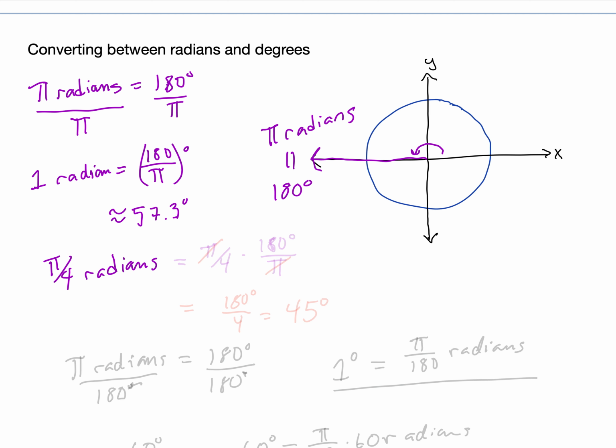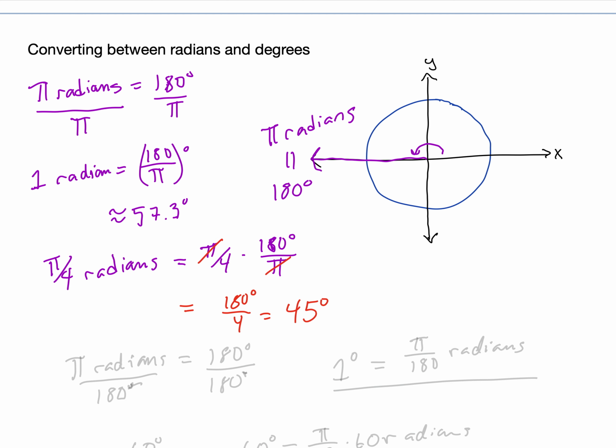Pi over 4 radians is equal to pi over 4 times 180 degrees over pi. Now the pi and pi cancel out, so this is 180 degrees over 4, and dividing 180 by 4 gives us 45 degrees, as we know it is. So anytime we want to figure out what pi over 4 radians is in degrees, we can just multiply by 180 over pi.